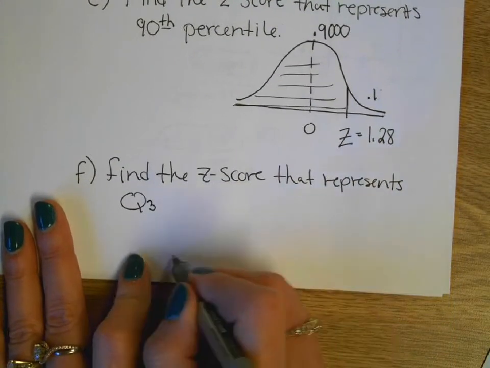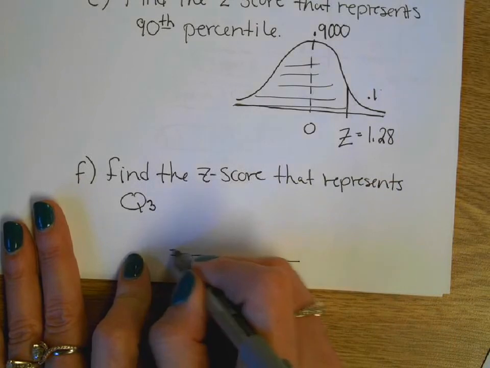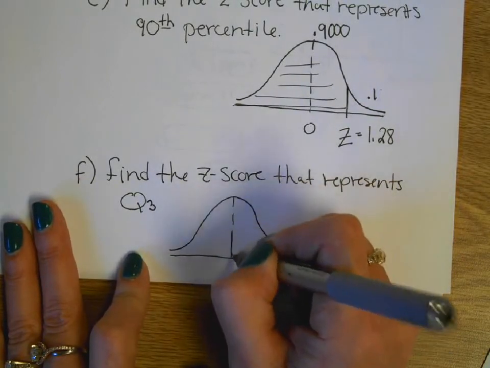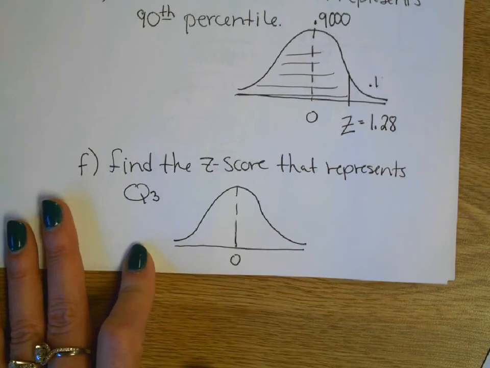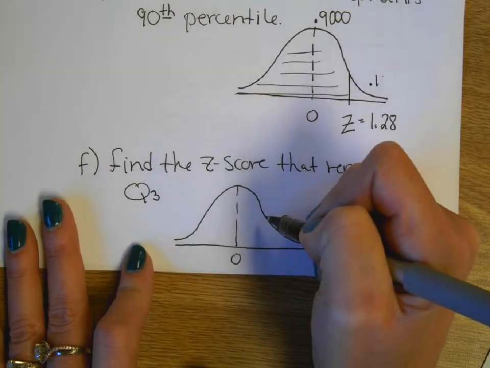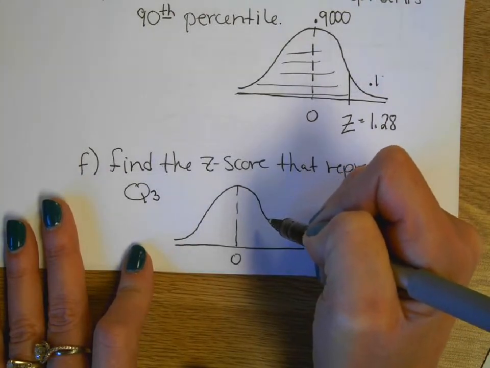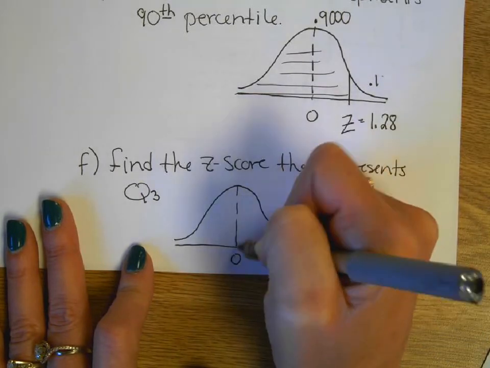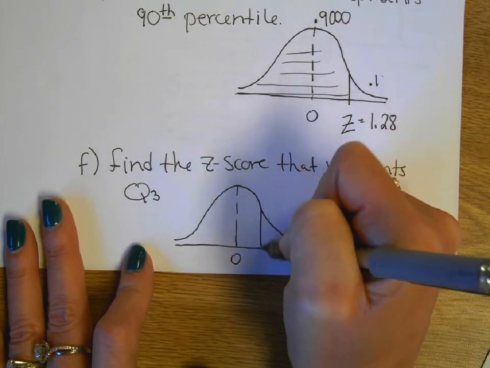What does that mean? 75% behind you, 25% in front of you. So where are you at? Positive or negative z-score? Positive, because there's 75% behind you. If I'm right here, there's 50% behind me. Okay. 75%, I'm somewhere over here.